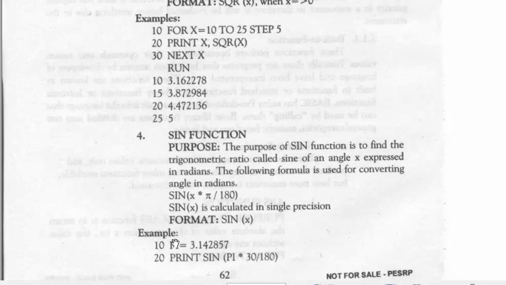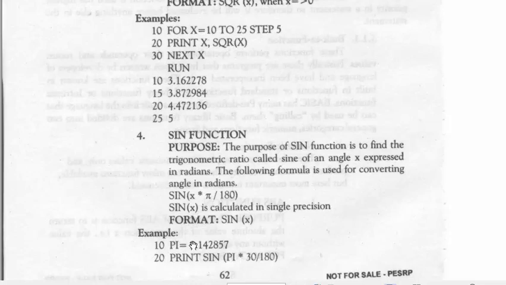Next is the SIN function. You may have remembered the trigonometry in which you have studied sine, tan and cosecant. The purpose of the SIN function is to find the trigonometric ratio called sine of an angle X, expressed in radians. The following formula is used for converting angles to radians: X multiplied by pi divided by 180. SIN(X) is calculated in single precision. Format: SIN(X).